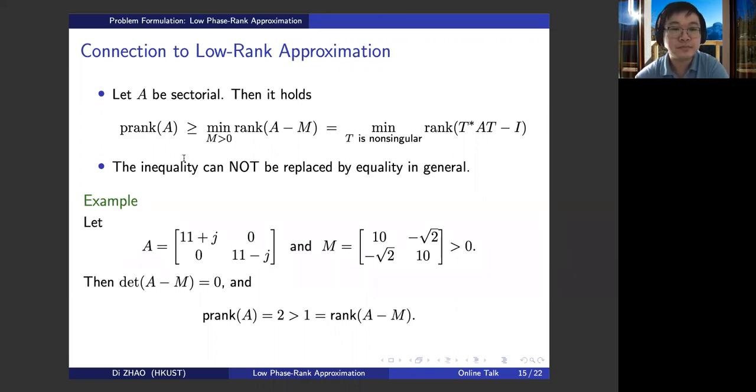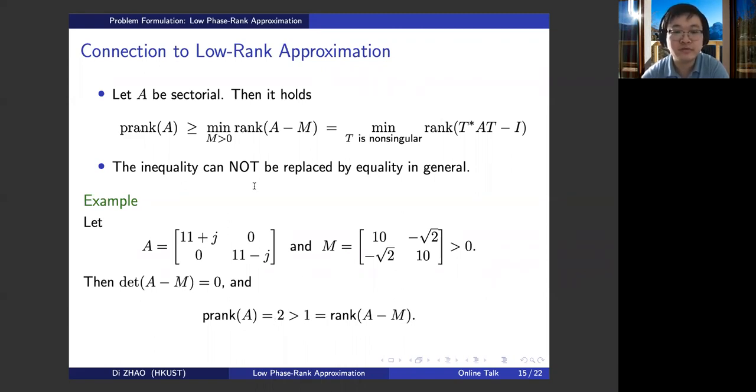And the inequality can't be replaced by equality, because we have this counterexample. Here we have a 2 by 2 matrix A whose rank is 2, and after subtracting this matrix M, the determinant of A minus M is 0, which means that its rank is 1. So we have a strict inequality here.